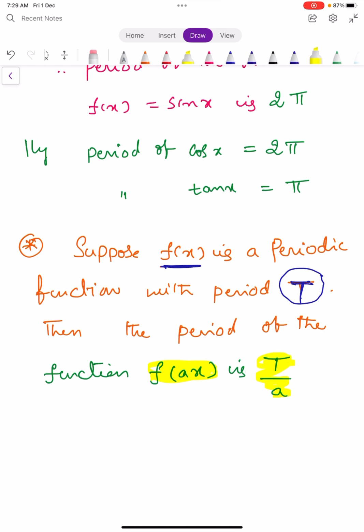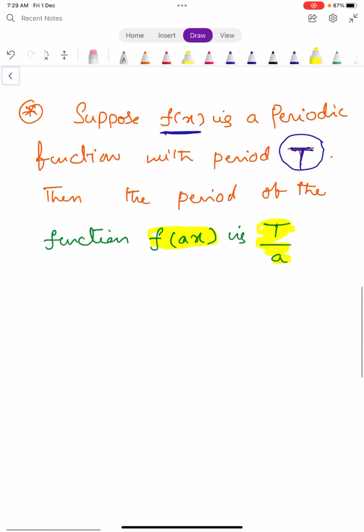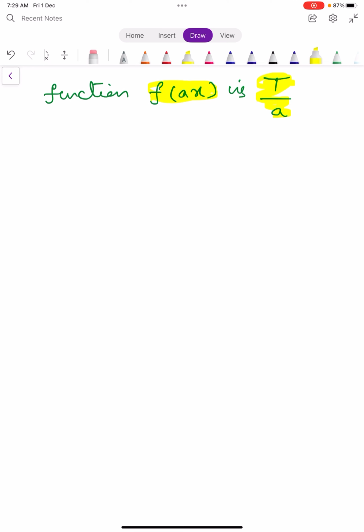Now we learn the Fourier series and Euler's formula.